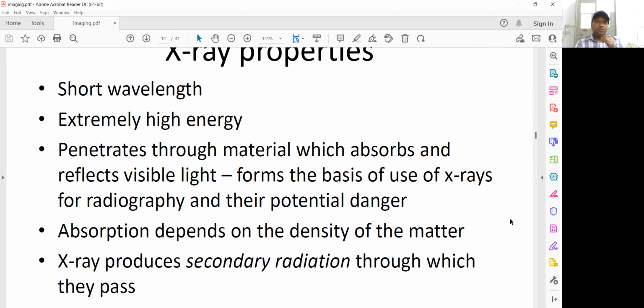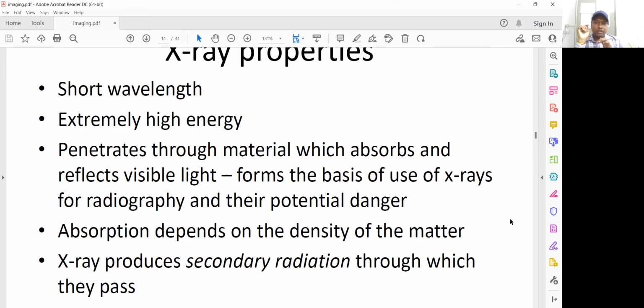Now the absorption depends on the density of the matter, how solid it is. The absorption is dependent on that. In the very first or second figure, in the arrangement of the snap, I have shown that particular figure.